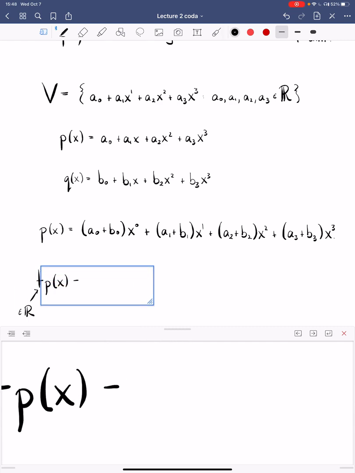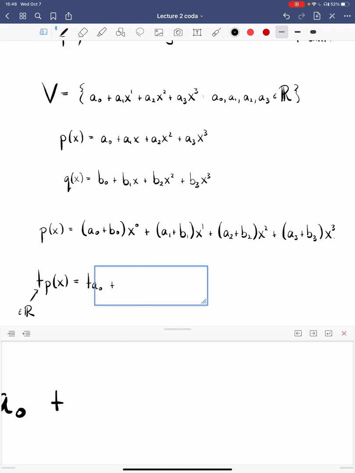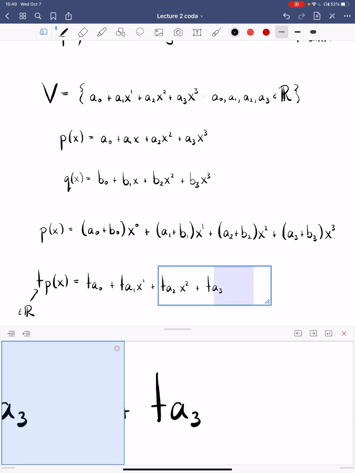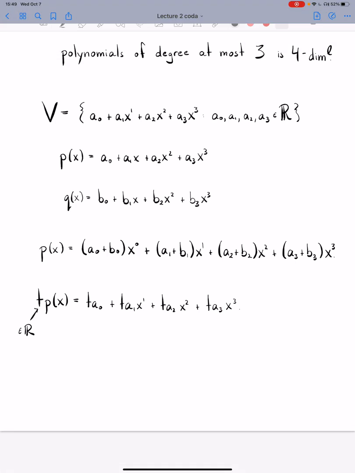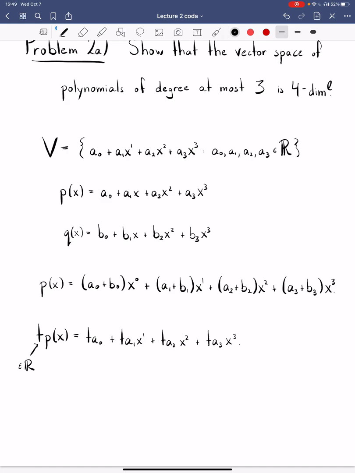So t times p of x, by definition, just means multiply each of its coefficients by the number t, and that gives you a new polynomial: ta0 plus ta1 x to the power 1 plus ta2 x to the power 2 plus ta3 x to the power 3. Okay, and you probably also know that you can multiply polynomials together, right?